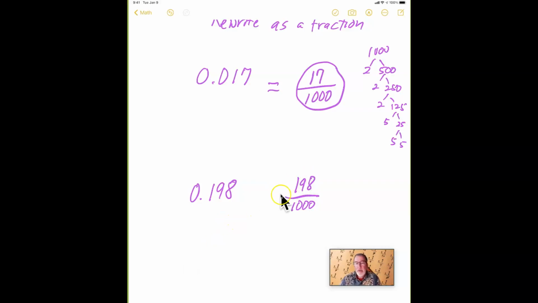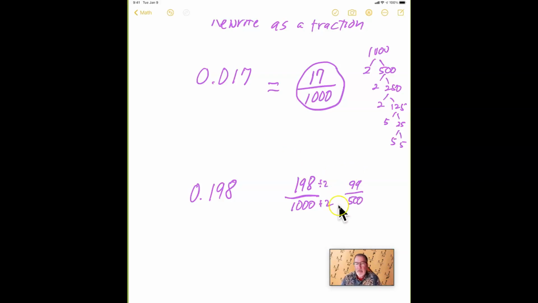If you know your divisibility rule for 4, you can determine if 4 goes into 98 evenly. Unfortunately, it does not. So 4 won't work, but let's try 2 and see how far we can get. Let's divide the numerator and denominator by 2, and we're going to get 99 over 500.